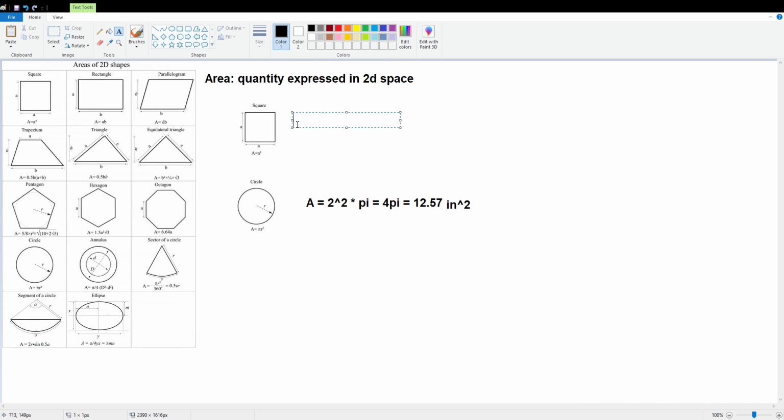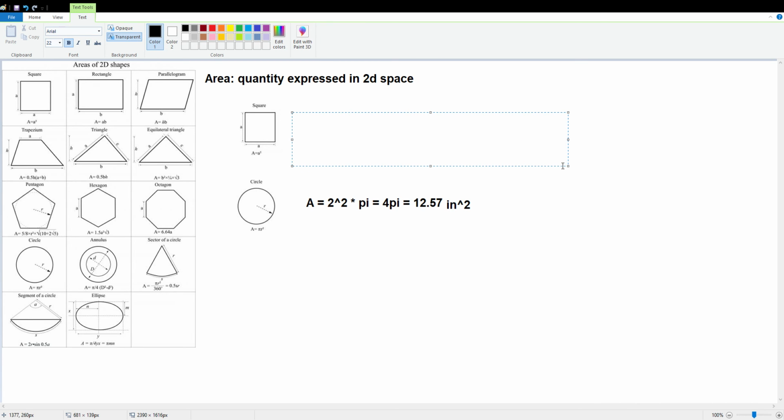I did run the numbers, but if the area is 12.57 and you want to know what the side is equal to, you'll find that if you take the square root of 12.57, you'll get 3.55, which is equal to the length of a side.